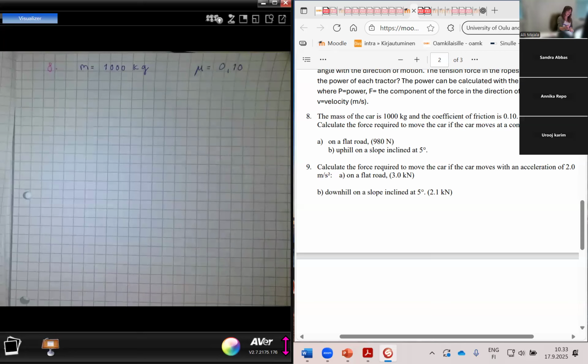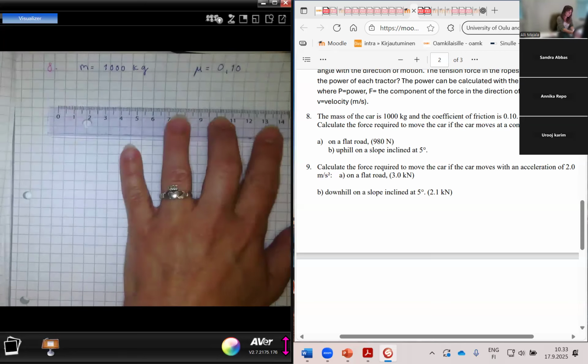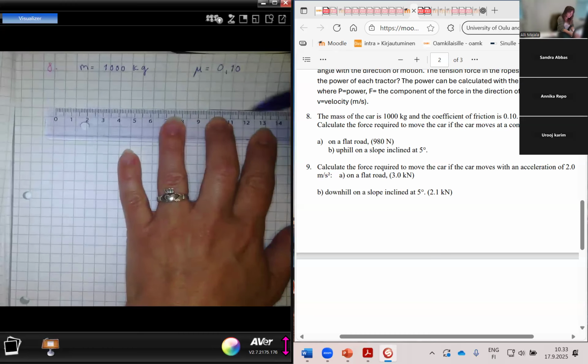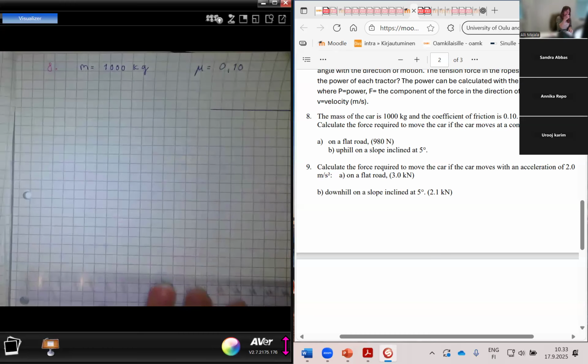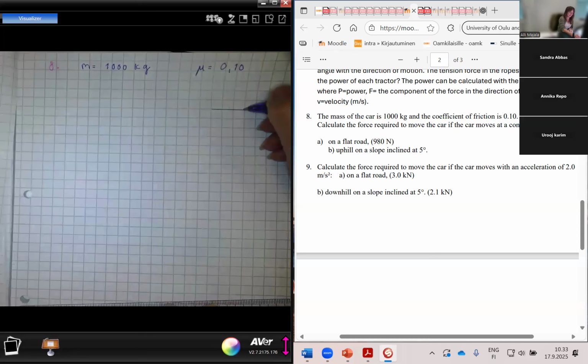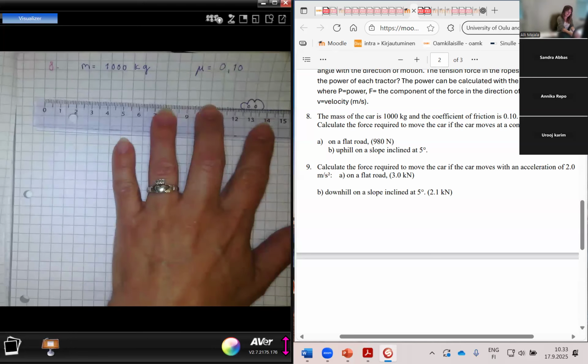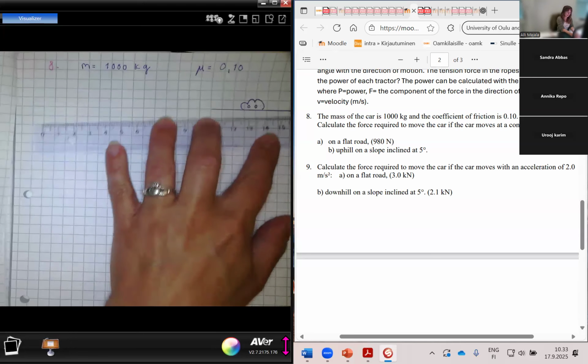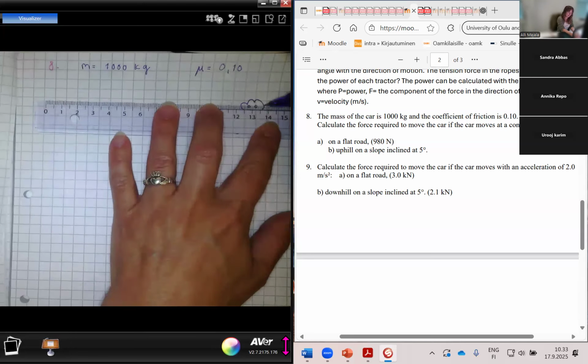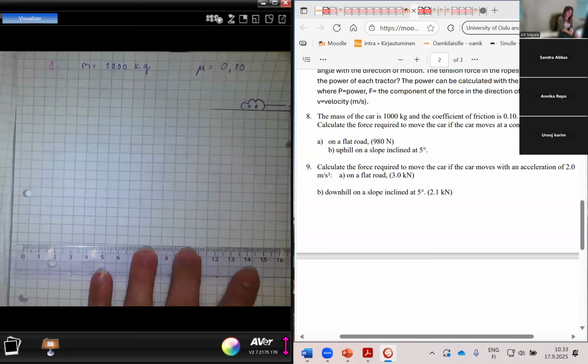And then there is the car. At first there is the calculation of a car moving at a constant speed on a flat surface. So the first thing is, of course, that you draw the forces. It's moving, so it needs some kind of an engine force.